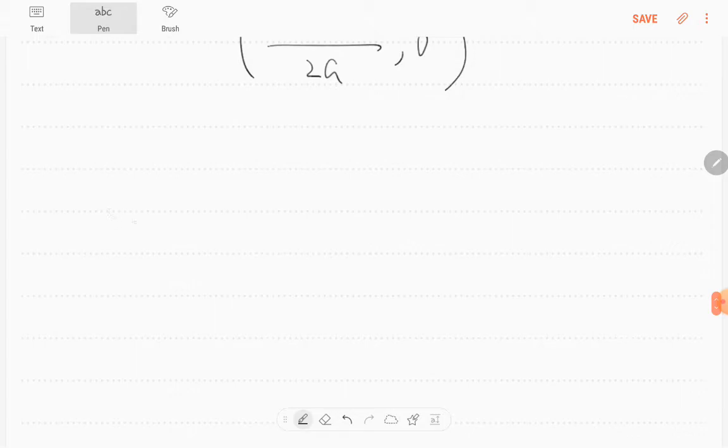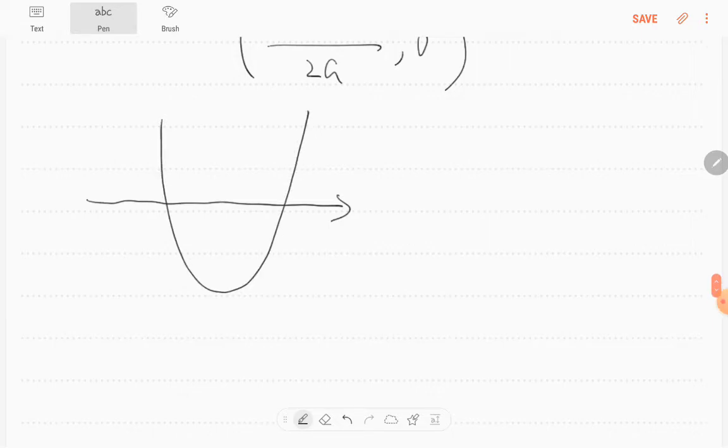So the typical graph will look like this one. We have two intercepts, one here and one here. Or like this one, one here and one here.